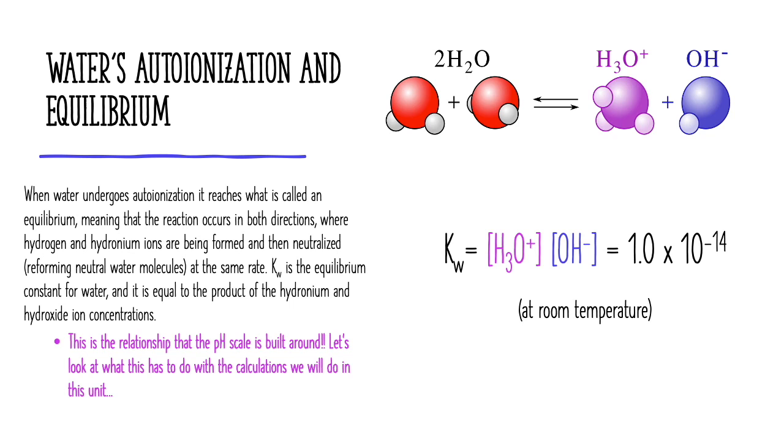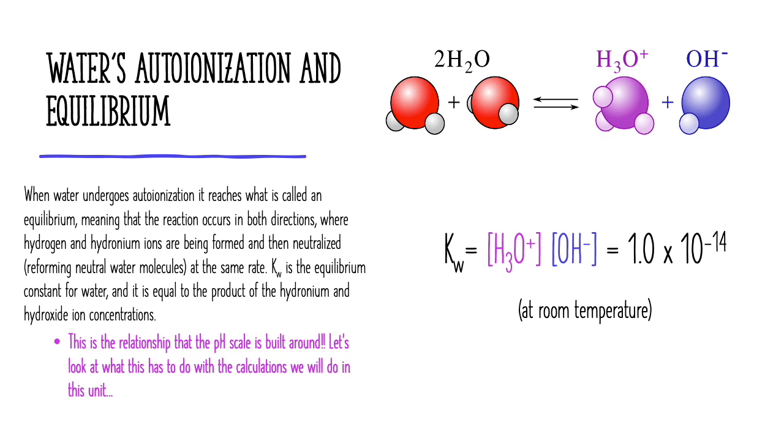So if you take a look at the diagram up here, where we've got the two water molecules, and then we have a hydronium ion and a hydroxide ion, notice that the arrows in between are going both ways. That means this reaction can go both ways, where hydronium and hydroxide will come back together to form those neutral water molecules.